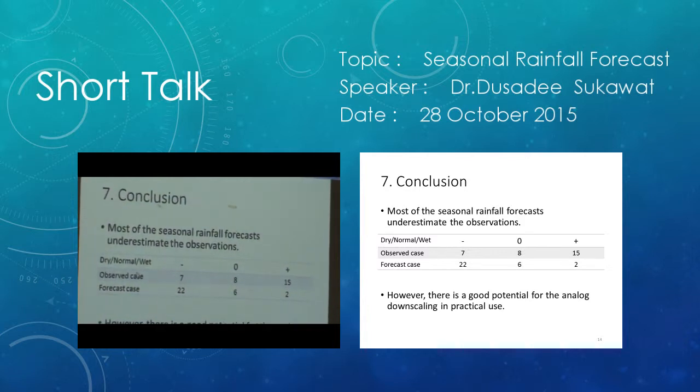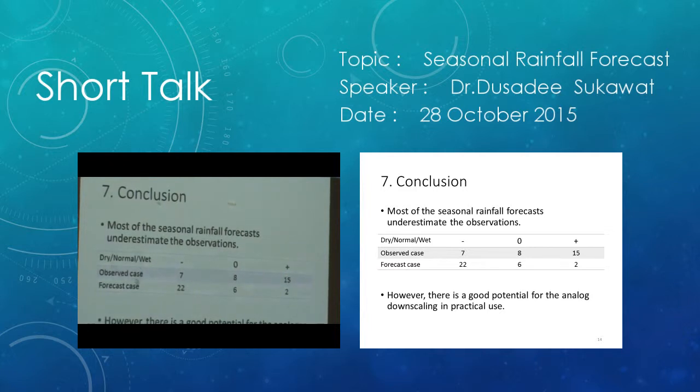During the about 30 years of the simulation, there are 8 years that are normal. The forecast come up with 6. There are 7 years with dry condition. The forecast is 22 years.